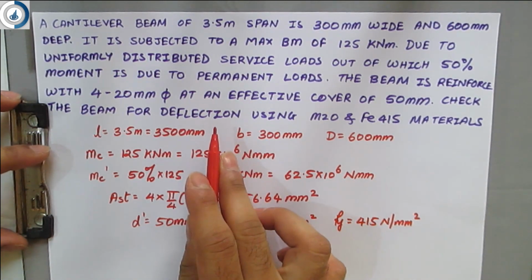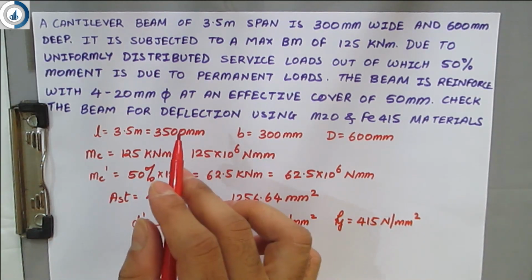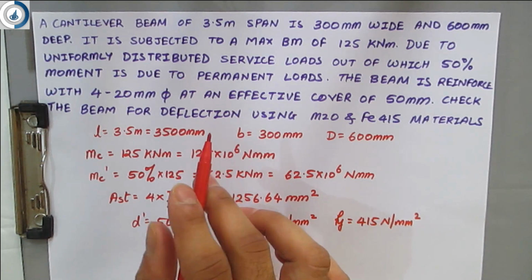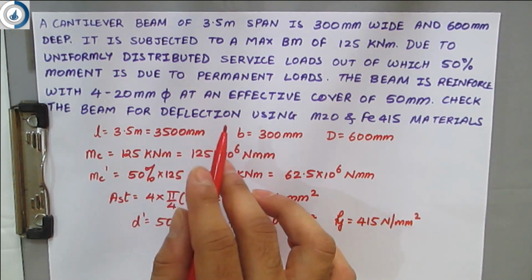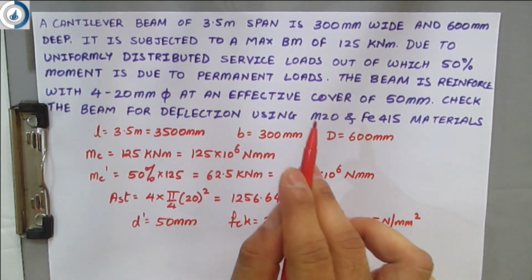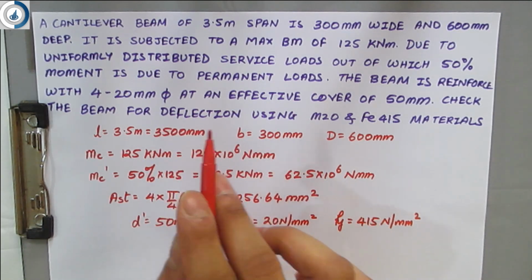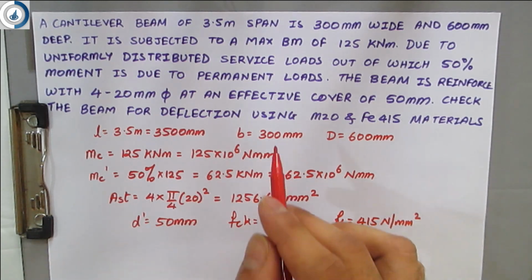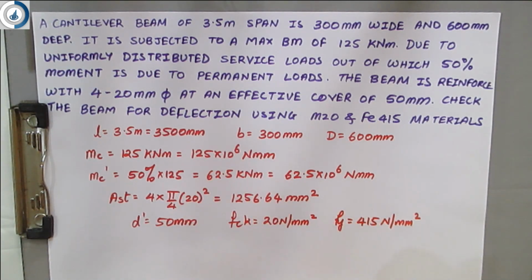Again, there are 4 types of deflection we are going to find out: short-term deflection, long-term deflection, then deflection due to shrinkage and deflection due to creep. We'll be finding all these 4 and adding them to get the total deflection. I will explain to you one by one which are the different types of deflection.